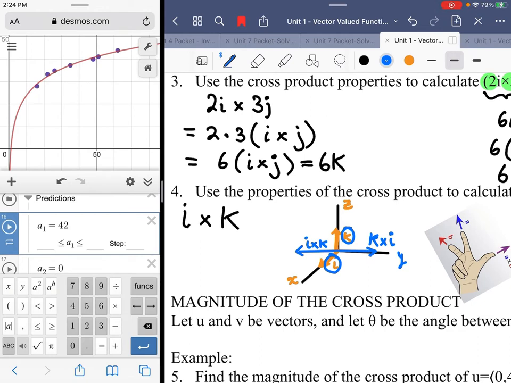So k cross i has us going in the positive y direction, which puts us at j, whereas i cross k would have us going the opposite direction of that, which would be negative j. All right, so i cross k would be negative j.